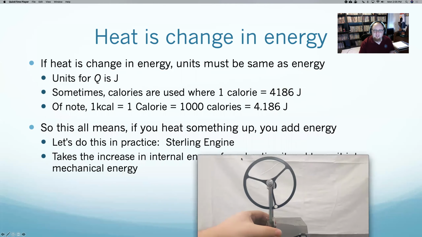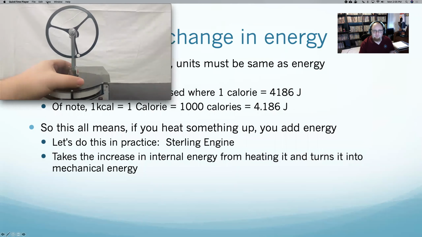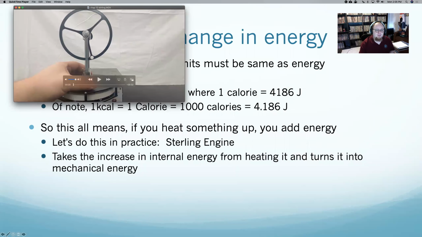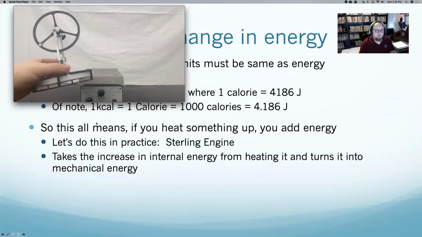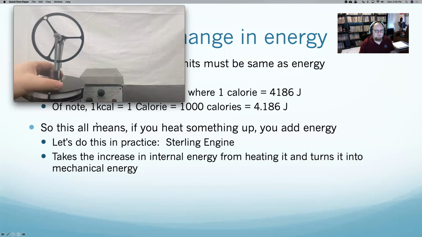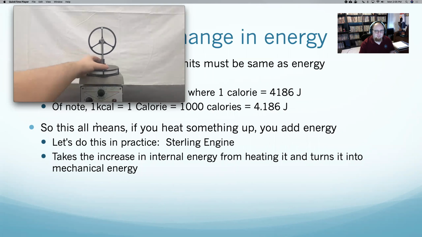What I have is my Stirling engine, and I'm going to put it on a hot plate. When I put the Stirling engine on a hot plate, that is going to increase its temperature. Because it increases temperature, it's gaining internal energy. It has heat.